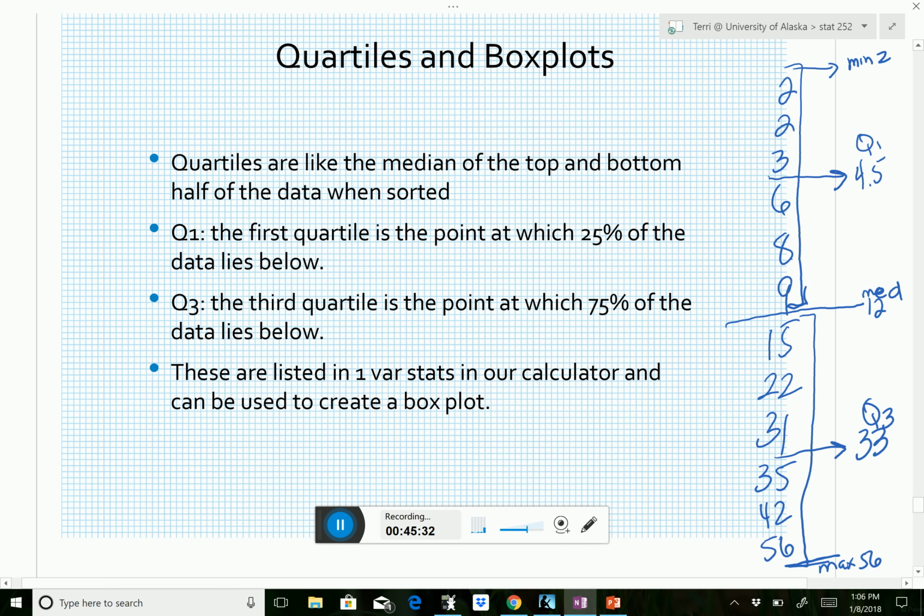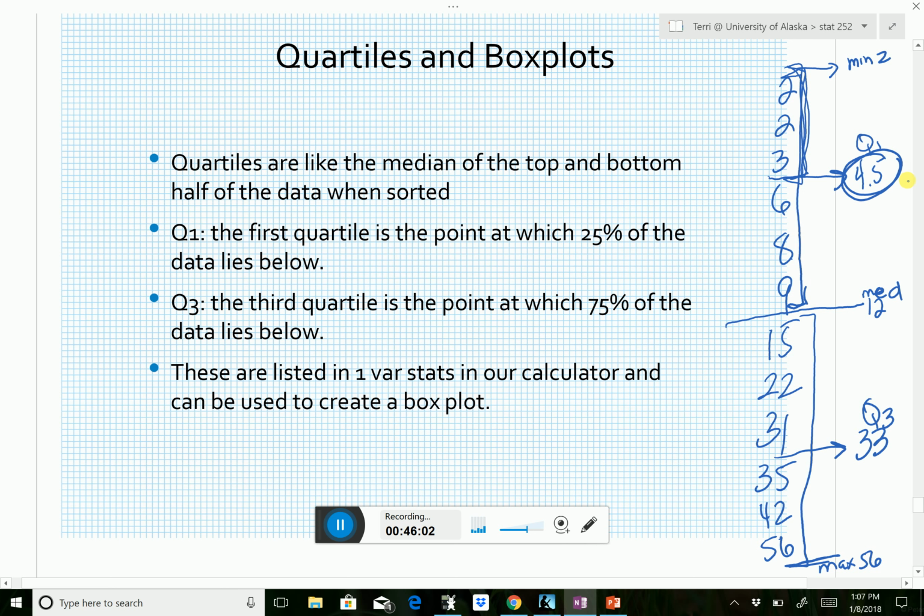So I can think of these quartiles this way: my minimum is the point at which all my data is above, right? The first quartile is the point at which 25% of the data lies below, less than 4.5. So 3 of my data points are less than 4.5, right?